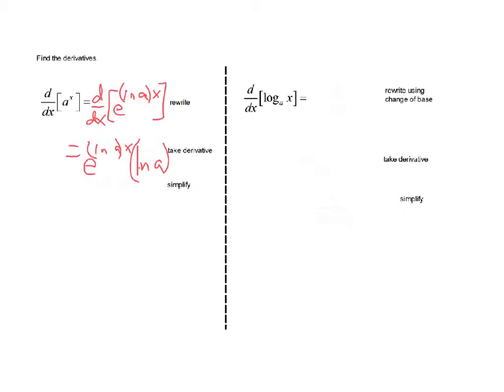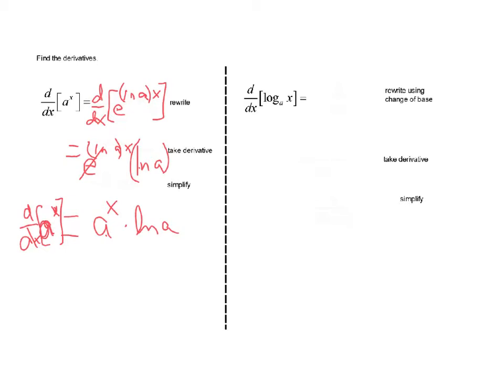Now, as we kind of started out saying, this e and the ln cancel, so I'm back to having a to the x power, because that brings the a down as our power, but I have to multiply by ln a. So the derivative of a to the x is a to the x times ln a.